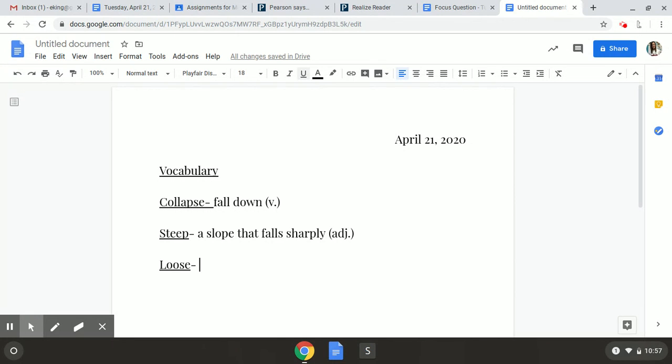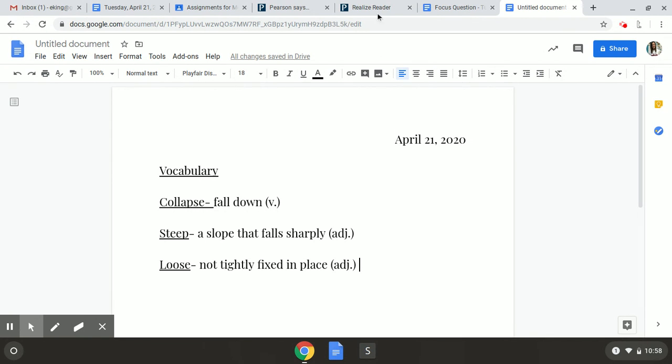So all that loose means, I'm sure you've seen this word before too, is not tightly fixed in place. Mostly you would use loose to describe clothing, like loose clothing. Or in here, they use it to describe the soil in the ground, so it's not packed together tightly. And again, this is another example of an adjective because it describes the soil or your clothing.